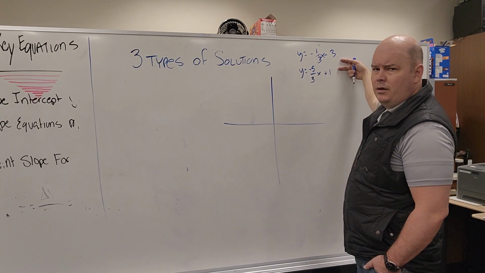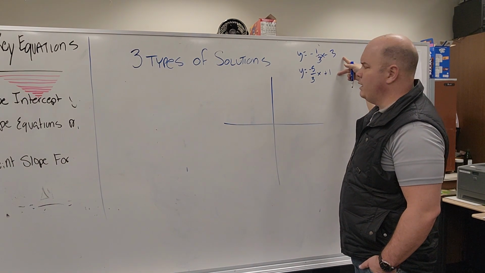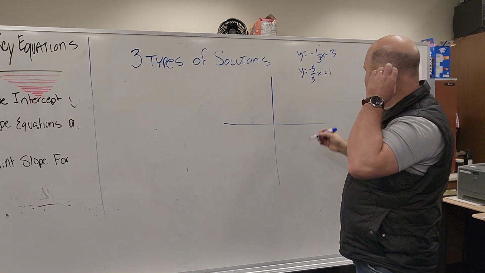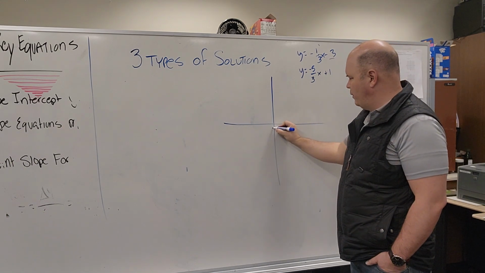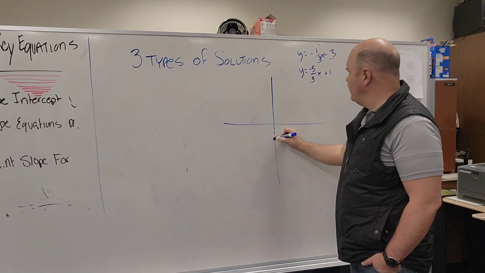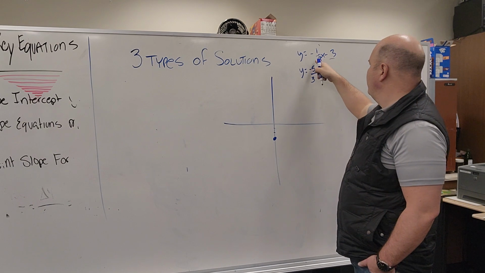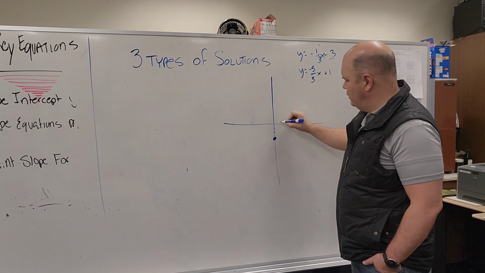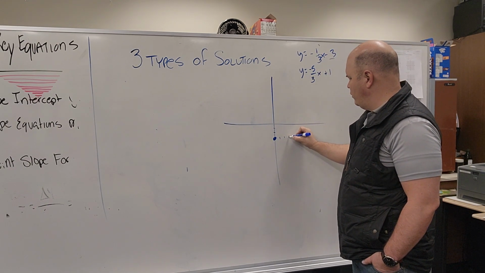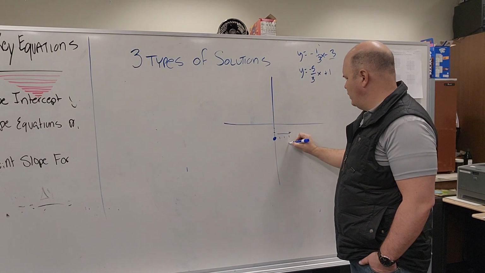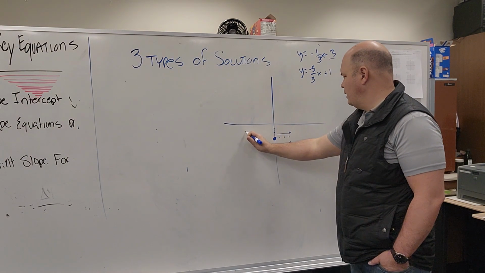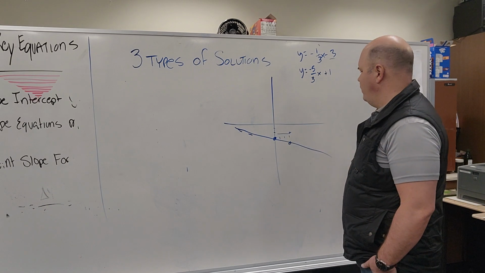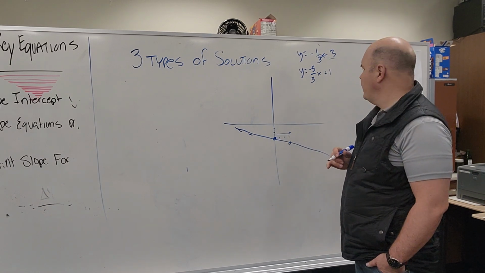We have two lines. We're trying to figure out, do they cross or do they not? Okay, so in this case, I'm going to start at my y-intercept, which would be minus 3, so right here. And I'm going to move 3 to the right and 1 down. So from here I'm going to go 1, 2, 3 to the right and 1 down. So there is my ballpark where my line is.